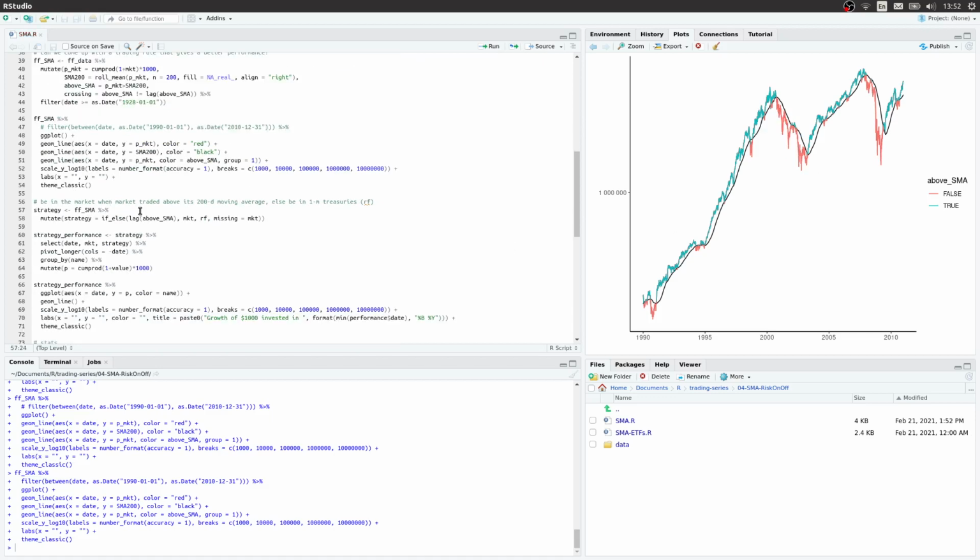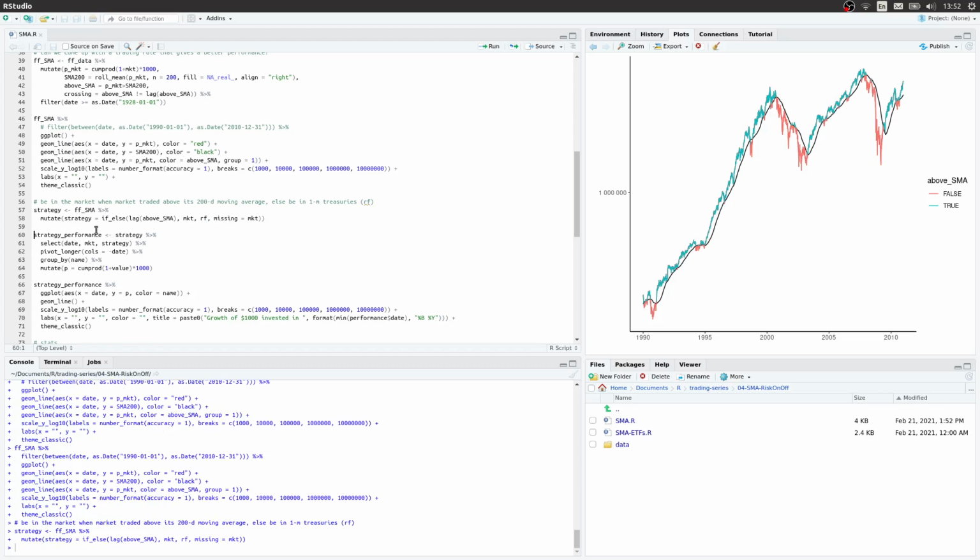So doing this, we will form a strategy that is basically, if the market is above the simple moving average, or yesterday's price was above the simple moving average, today you are invested in a market, else you are invested in the 1 month treasury, US Treasuries.